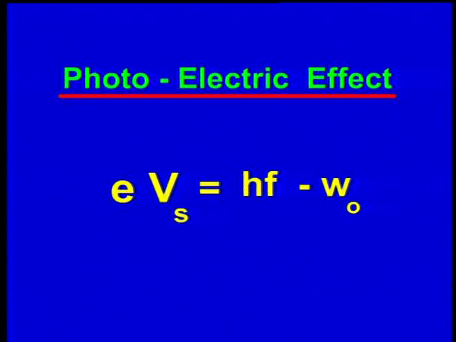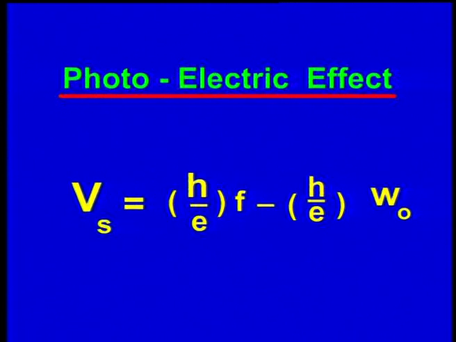eVs, the potential energy, is equal to the light energy hf minus W0, which we have already called the work function. Now, we will find the stopping potential from this equation: Vs is equal to h by e into f minus h by e into W0.